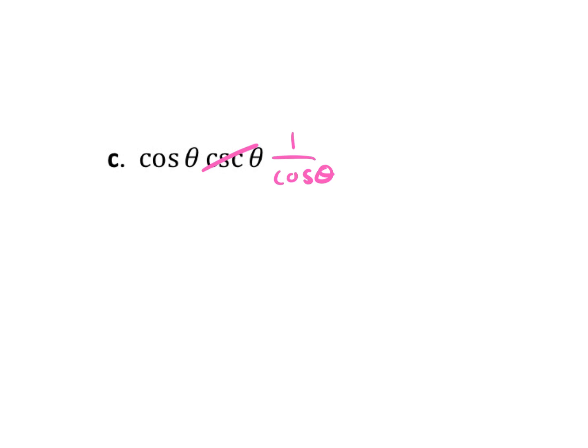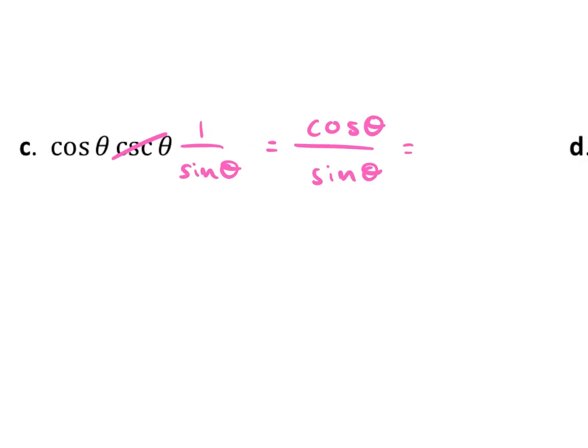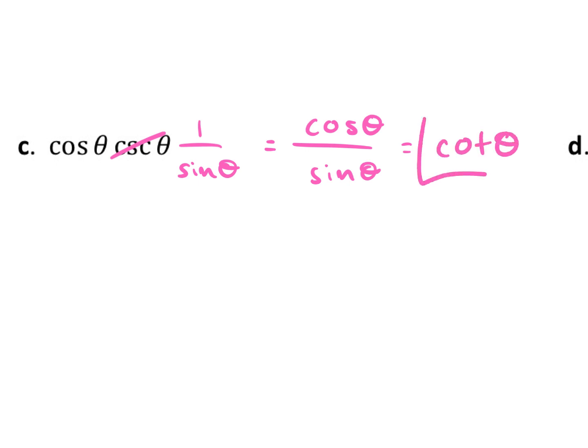Wait, is this cosecant 1 over sine? Oh, 1 over sine, yes. 1 over sine. So this would be cosine theta over sine theta, which simplifies to what? Cotangent. Perfect.